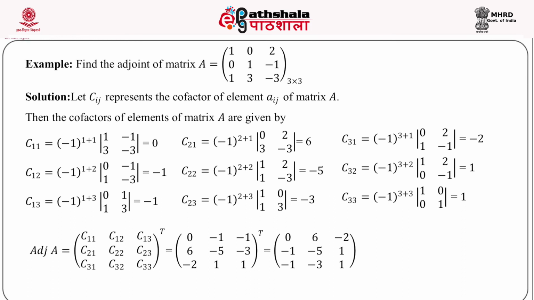Then C21 is 6, C22 is minus 5, C23 is minus 3. Then in the third row, C31 is minus 2, C32 is 1 and C33 is 1. So the adjoint of matrix A will be the transpose of this cofactor matrix. So we will have this matrix.